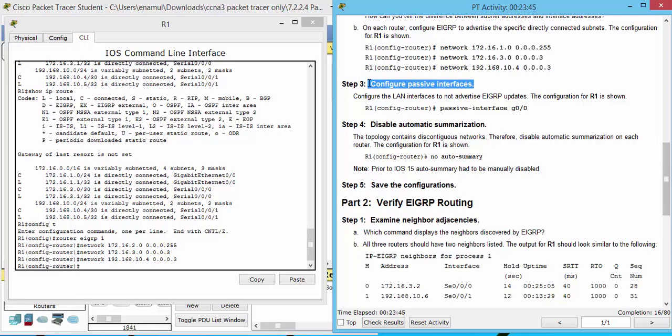Now configure passive interface. Configure the LAN interface to not advertise EIGRP updates. The configuration so far for R1 is shown.